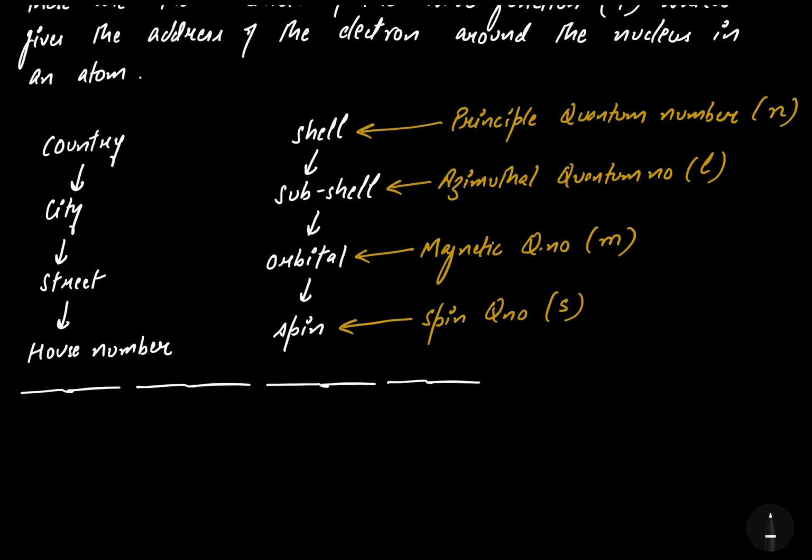It describes the average distance of the electron from the nucleus and provides the main energy shell in which the electron is present.